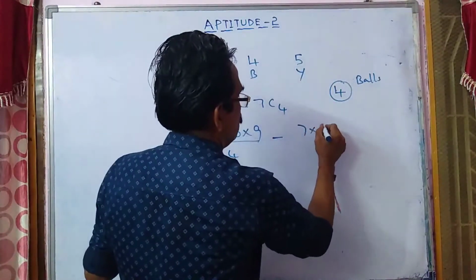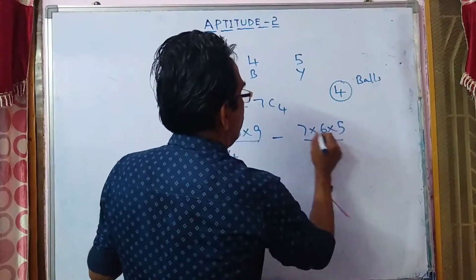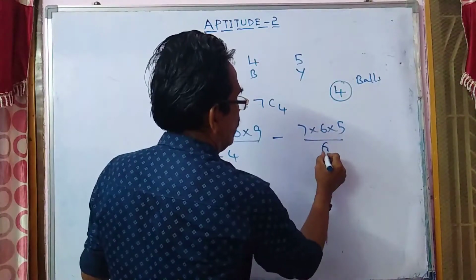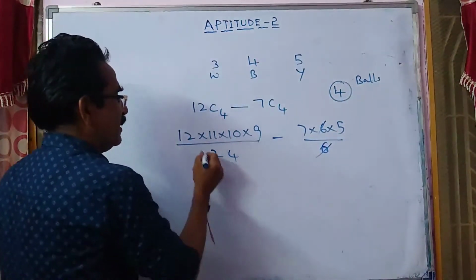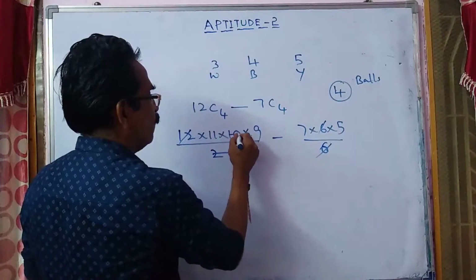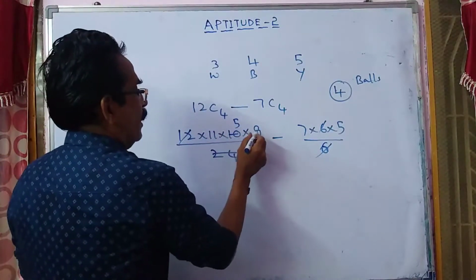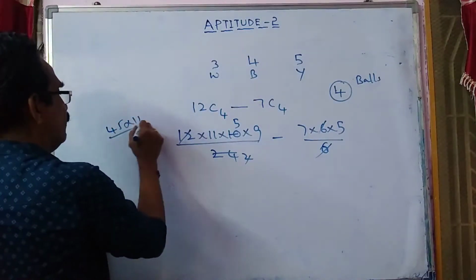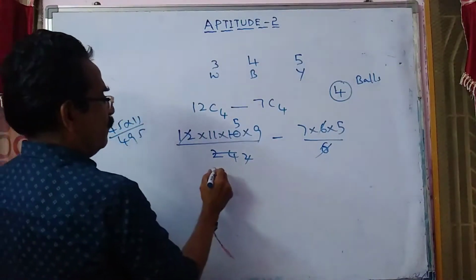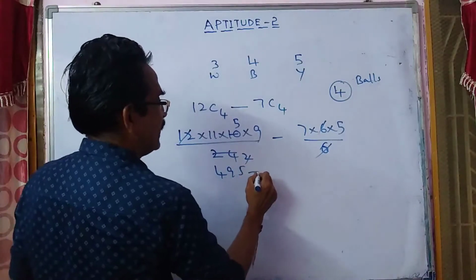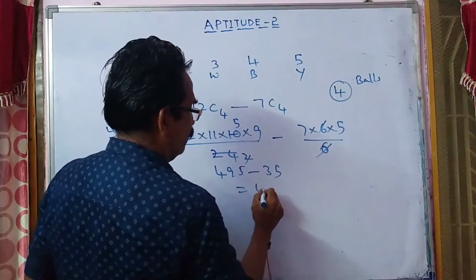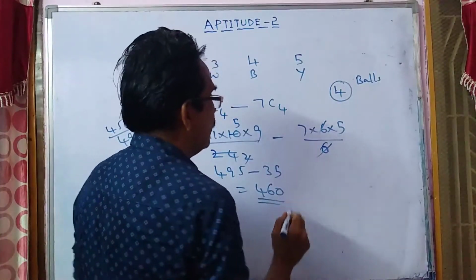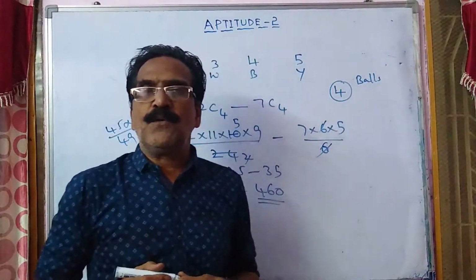Minus 7 into 6 into 5 by 3 factorial, 3 factorial 6. 6 cancel. 12 2s, 2 5s. So 9 5s 45. 45 into 11, 495 minus 35, that is equal to 460 is your answer, friends.